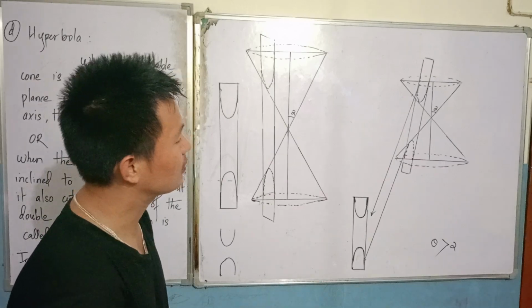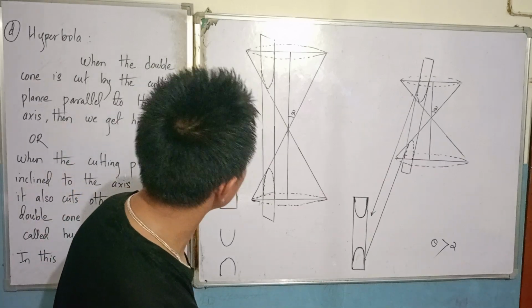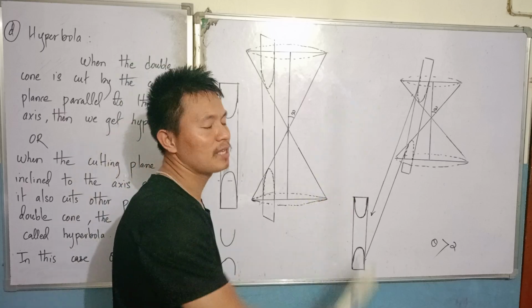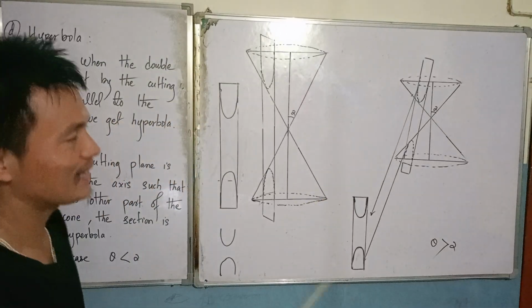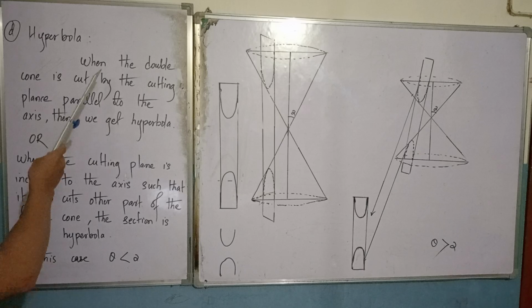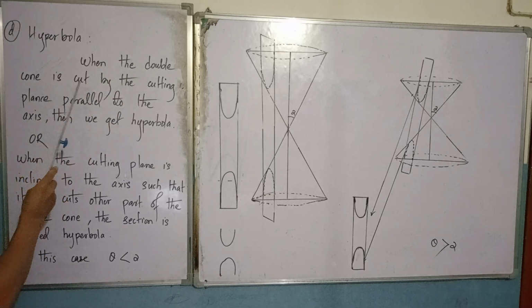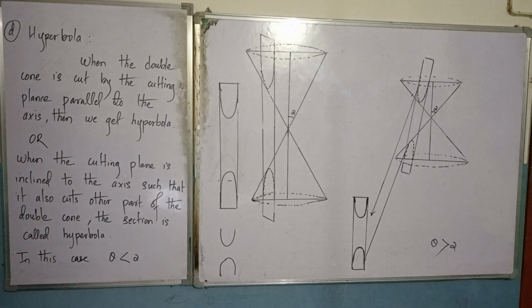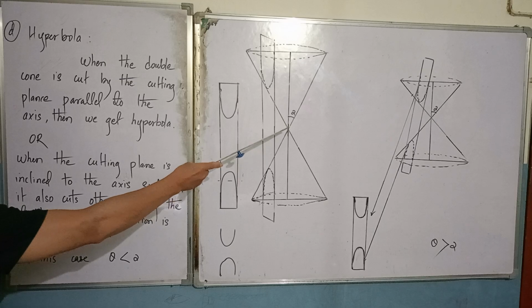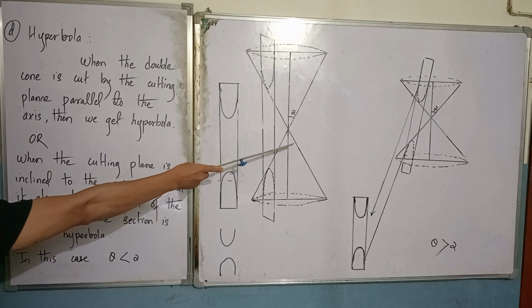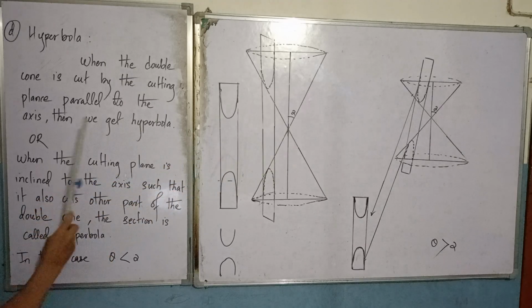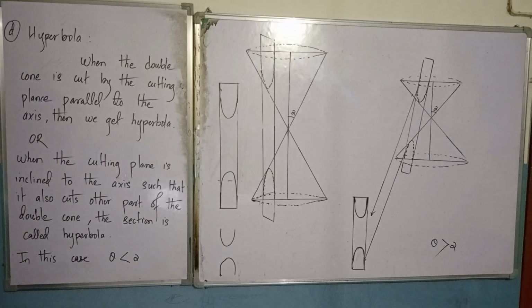So for this hyperbola, you can state it like this: when the double cone is cut by a cutting plane parallel to the axis, which is the first situation mentioned in the figure here, then we get the hyperbola.